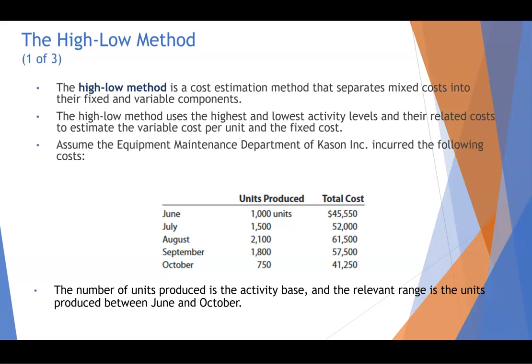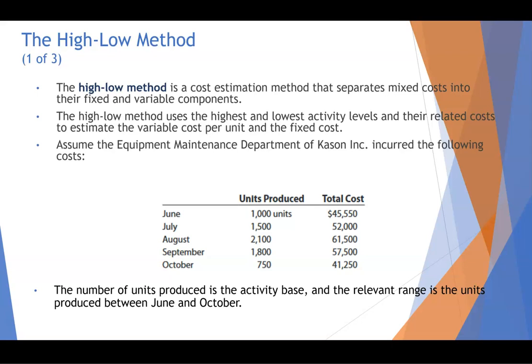In June, there were 1,000 units produced with a $45,550 cost. In July, 1,500 units were produced at a cost of $52,000. In August, 2,100 units were produced at a cost of $61,500.